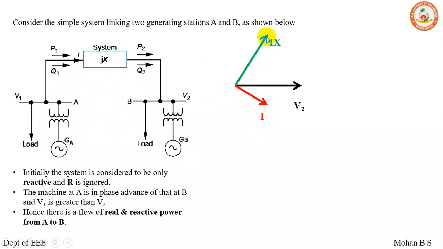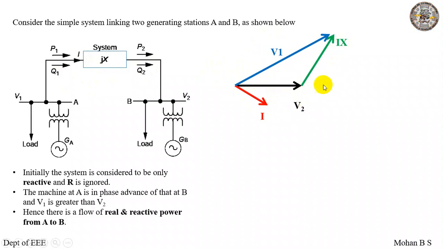So if you take this as the x-axis, this is your minus y-axis, right? And we are in turn to find the total voltage V1. So writing the voltage across the system at the end of V2, adding these two, that is V2 plus I jX of your system, gives us V1. And this is the angle between the generated voltage and V2.